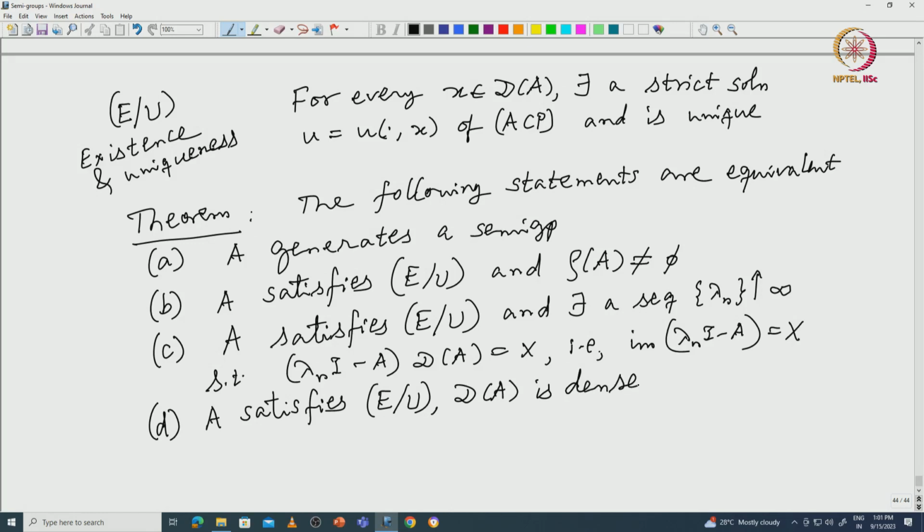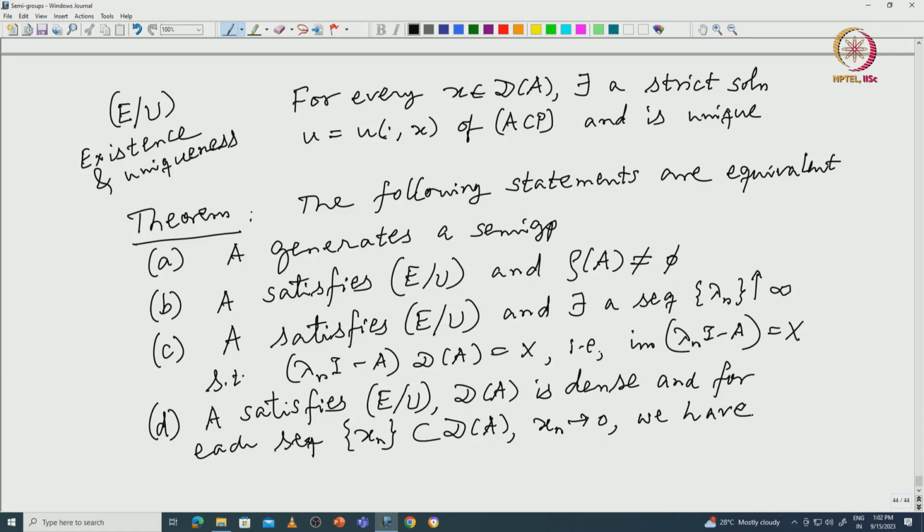and for each sequence x_n in D(A), x_n converging to 0, we have that the solution u(t, x_n) converges to 0 uniformly on compact sets, compact intervals.